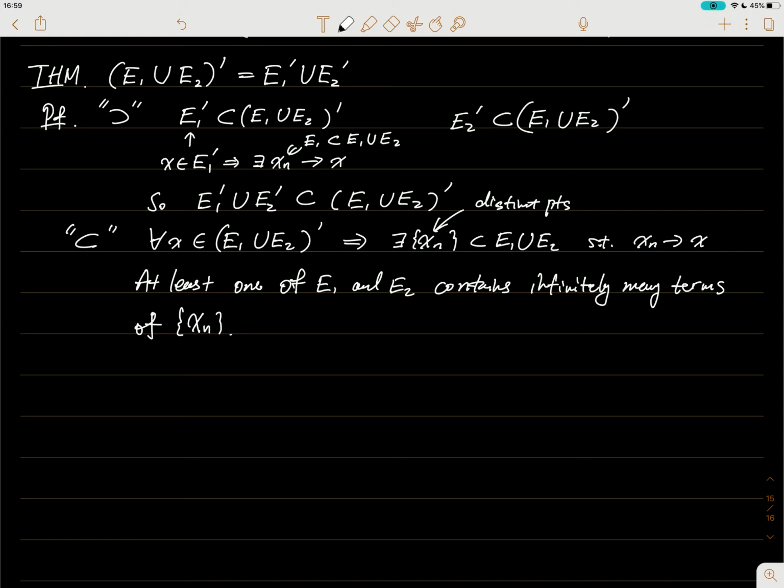Okay, so say, for example, you have this. What this really means is that there is a subsequence of xn.